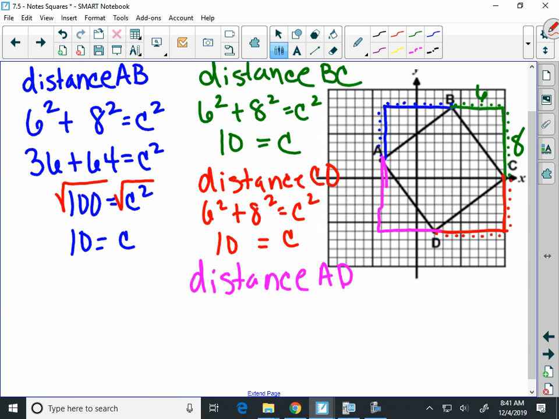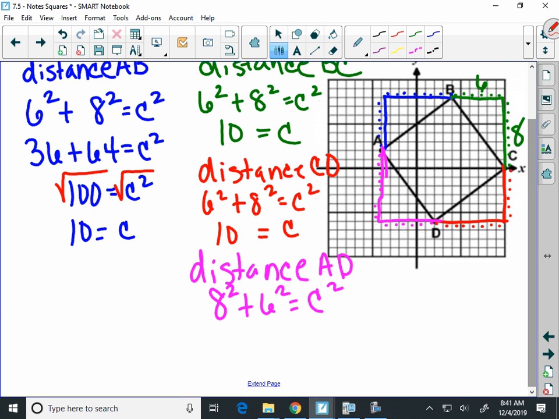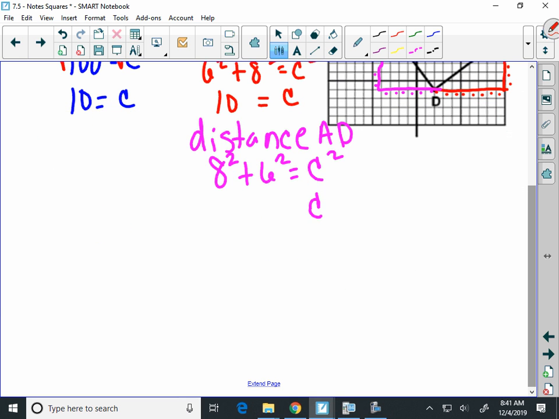But as we count, 1, 2, 3, 4, 5, 6, 7, 8. 1, 2, 3, 4, 5, 6. 8 squared plus 6 squared equals C squared. Still the same numbers. I know it's a different order from what's in the blue, but ultimately, when we solve that, we're still going to end up with C equals 10. There's a little bit more space there in that.